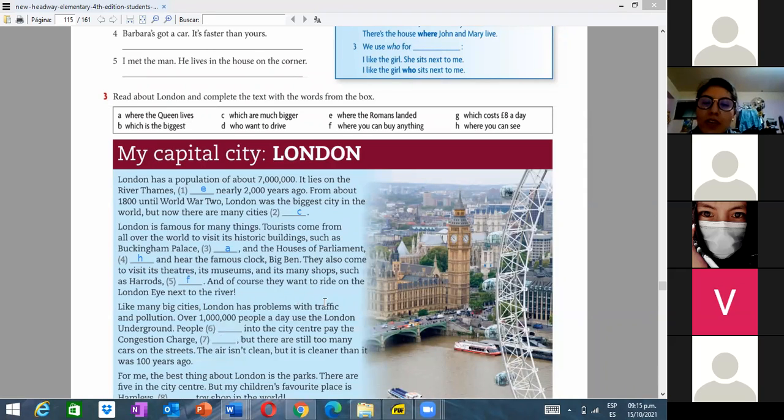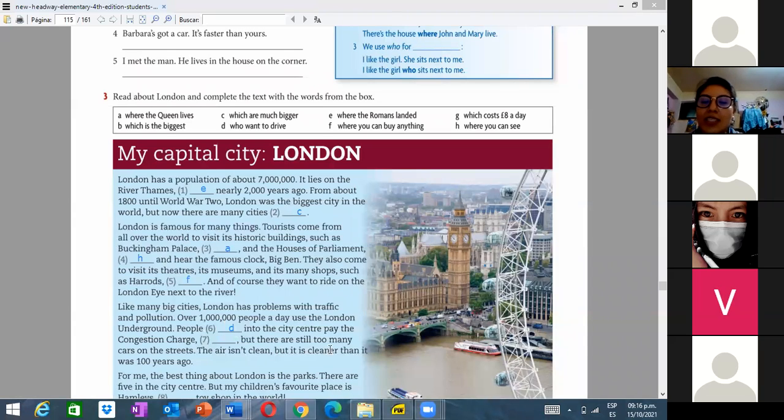And of course, they want to ride on the London Eye next to the river. Like many big cities, London has a problem with traffic and pollution. Over 1 million people a day use the London Underground. D. People, yes. Very good.